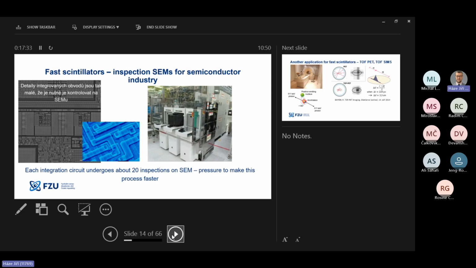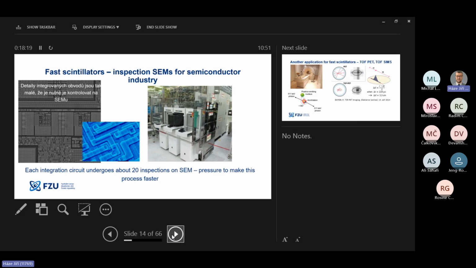Each integrated circuit has to undergo 20 times the inspection under electron microscopy, so that the production is not slowed down by this inspection, you have to have a very fast working electron microscope. And something what makes them slow is a slow scintillator, which is the detector for secondary electrons. So they need very fast scintillators, which can just blink and then stop shining, so that they can scan fast.